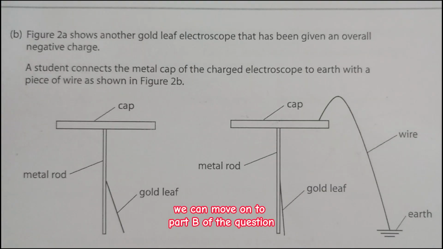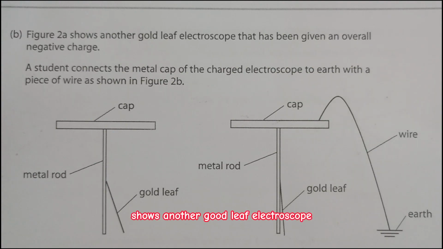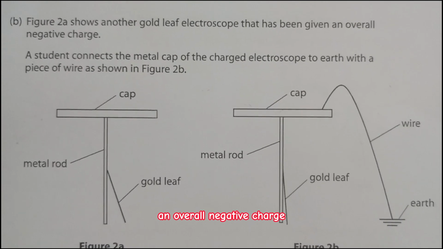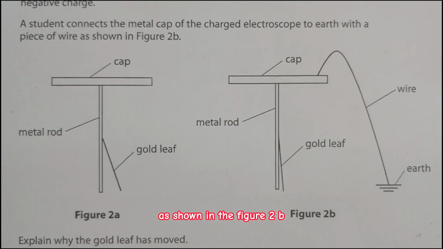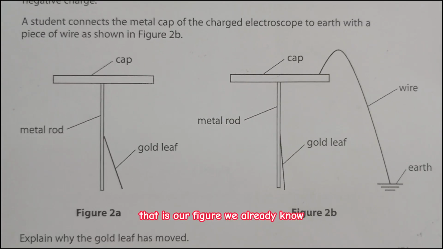We can move on to part B of the question, which reads, Figure 2A shows another gold leaf electroscope that has been given an overall negative charge. A student connects the metal cap of the charged electroscope to earth with a piece of wire as shown in the figure 2B. That is our figure.